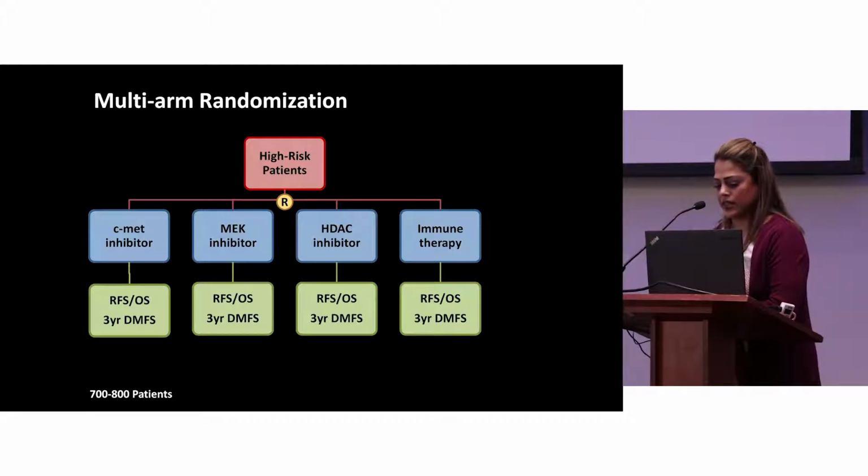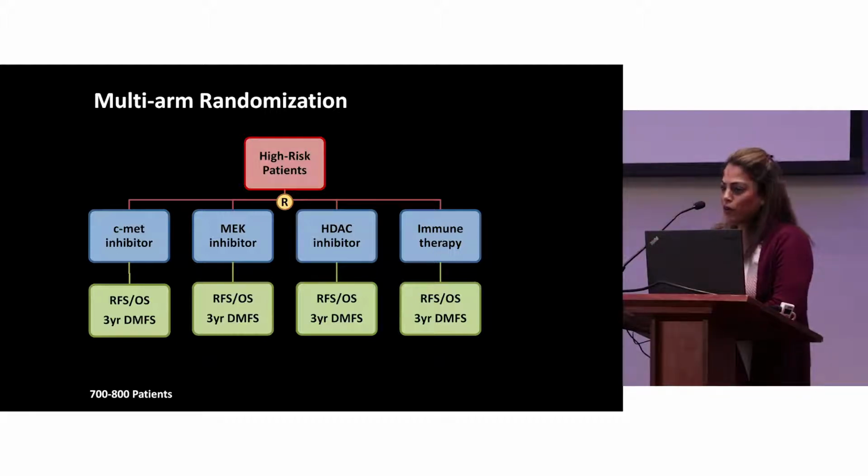These are not necessarily the 4 best agents. But if we're comparing a c-MET inhibitor versus a MEK inhibitor, an HDAC inhibitor, immune therapy, if you're actually comparing between all these things that may be equally efficacious, the enrollment skyrockets, actually well past 1,000. But if you just say each arm is individually a non-comparison study, you still require several hundred patients to do a study like this.